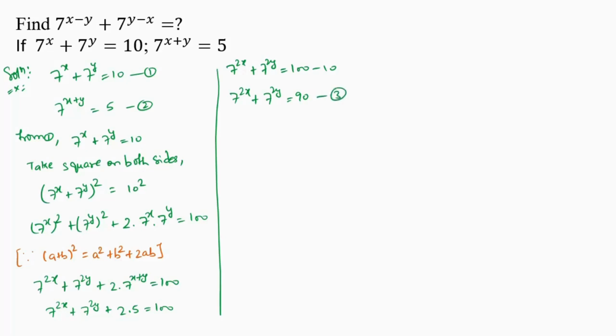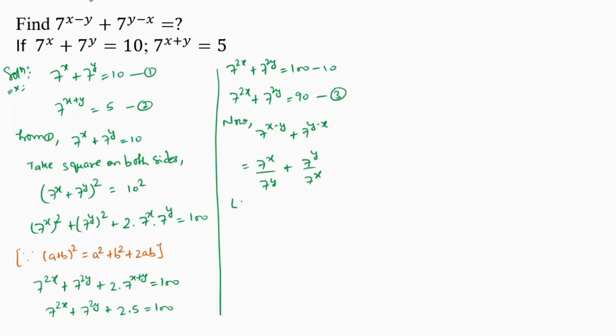Name this equation 3. Now we have to find the value of 7 raised to power x minus y plus 7 raised to power y minus x. So this can be written as 7 raised to power x over 7 raised to power y plus 7 raised to power y over 7 raised to power x.